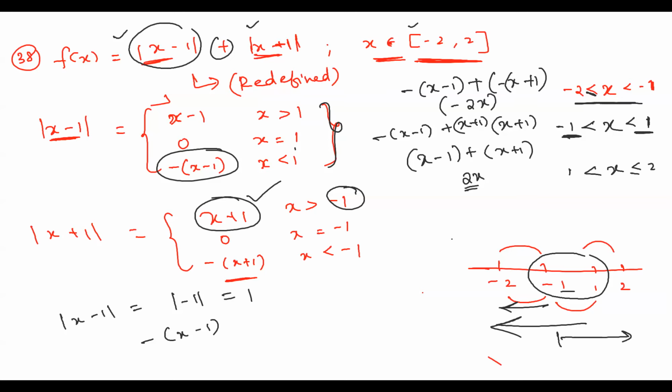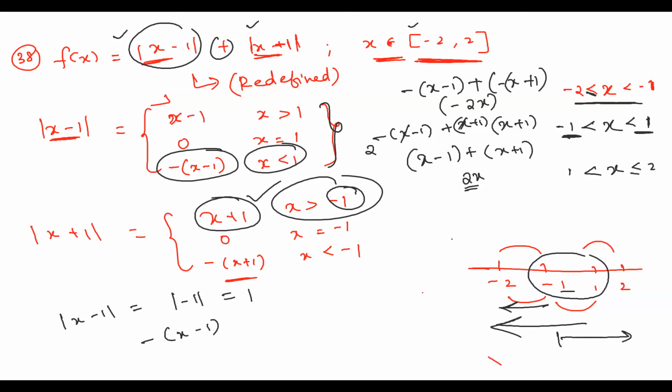So where x is less than 1 we should look at this, where x is greater than -1 we should look at this. Then you take the respective functions and write it. -x and -x are gone, you will get the answer as 2. Understood? See, there is no other option in the problem. It has to be done this way. No, it's 0. I told you for your understanding. Here.